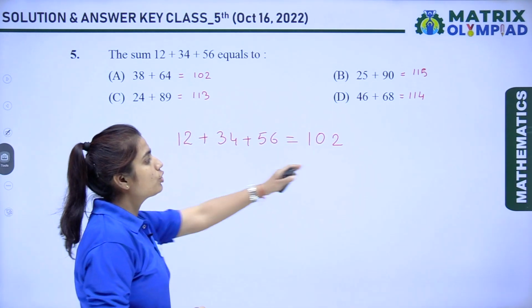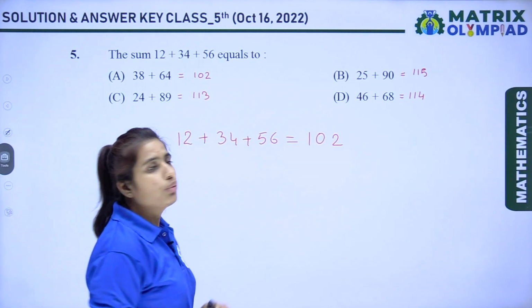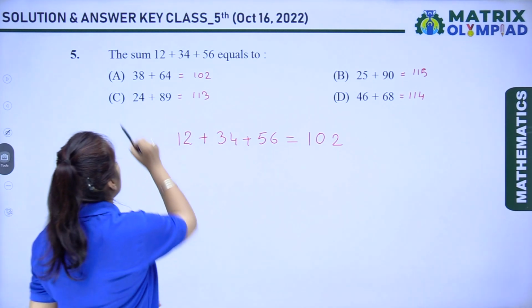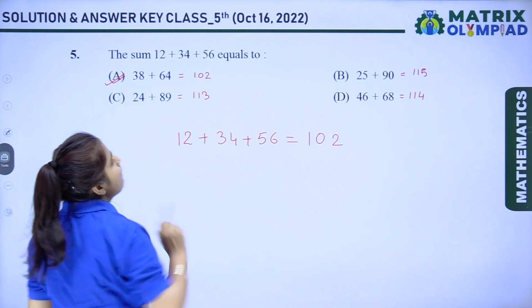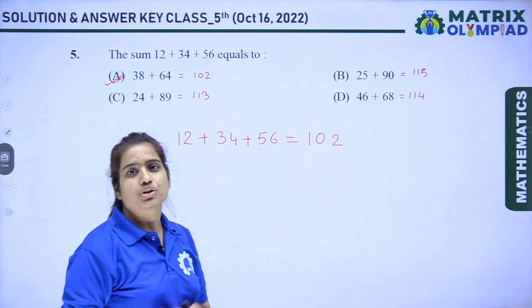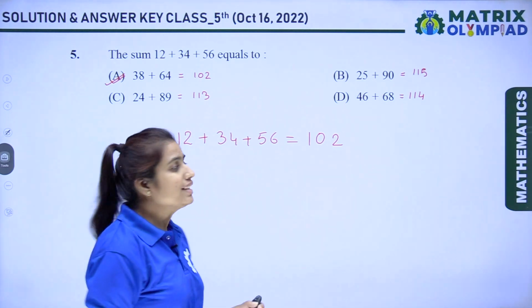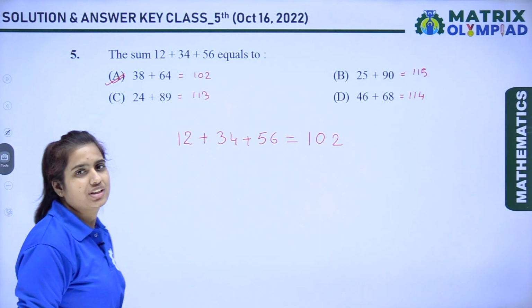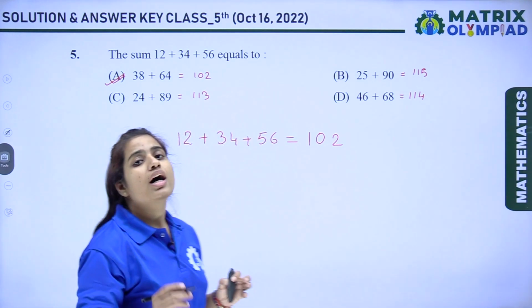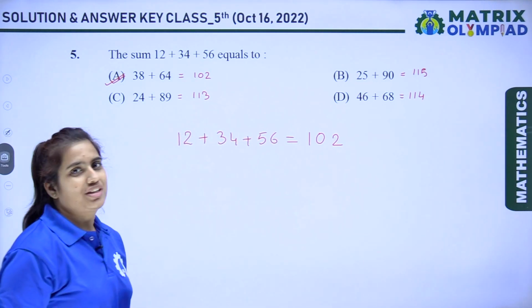So according to the total 102, only option A is best suitable for the question. So here you can see that it is a very simple question. Let's begin with another easy question.